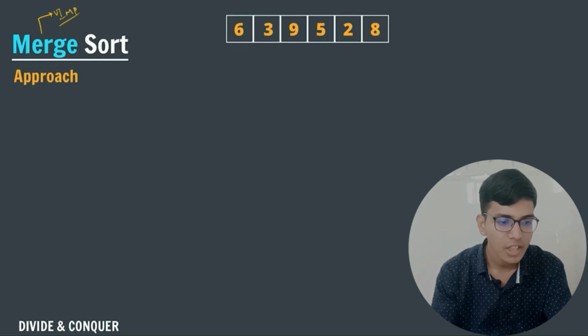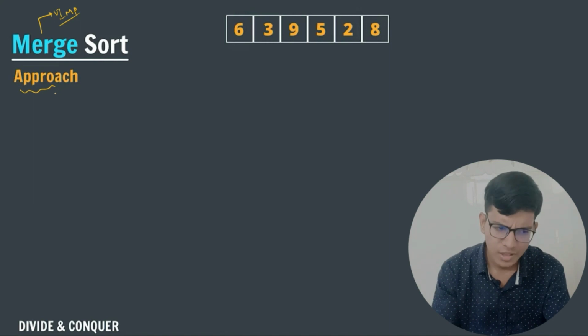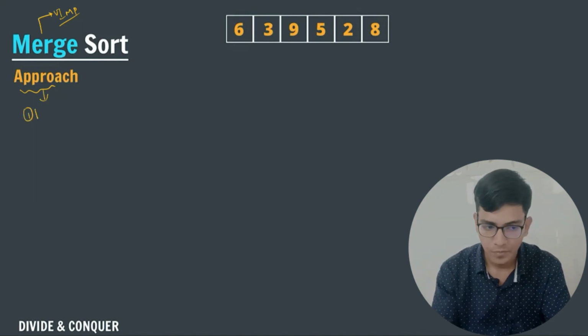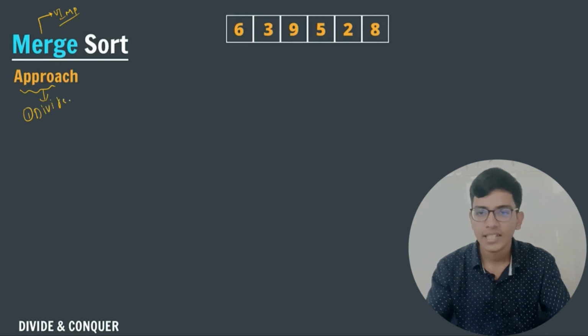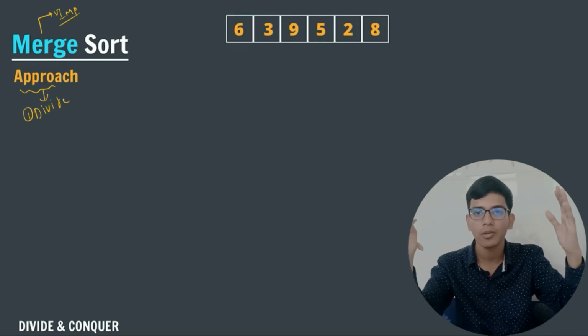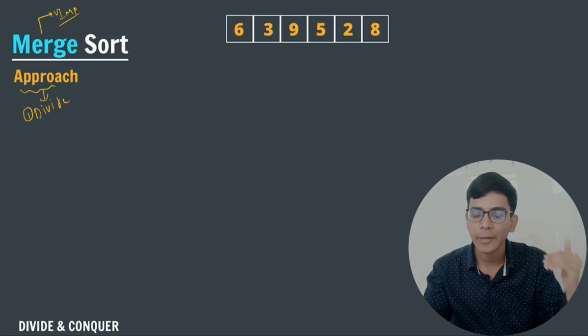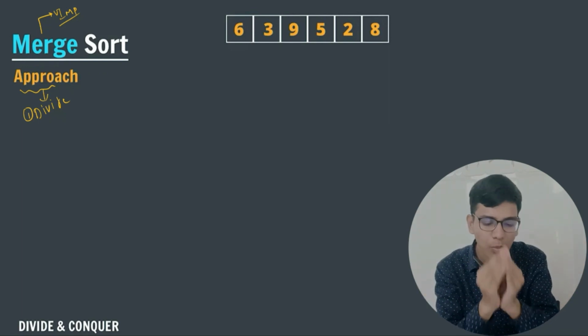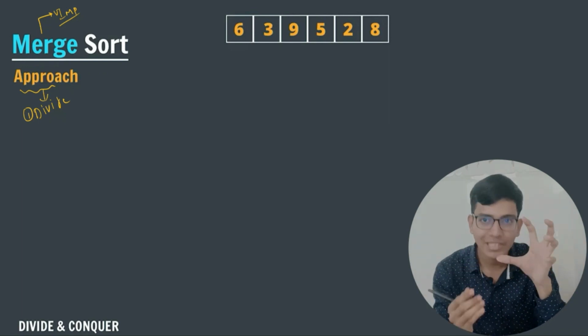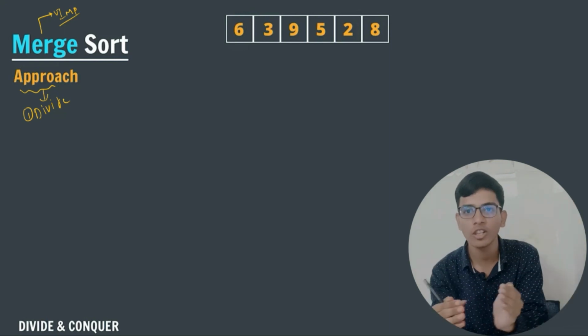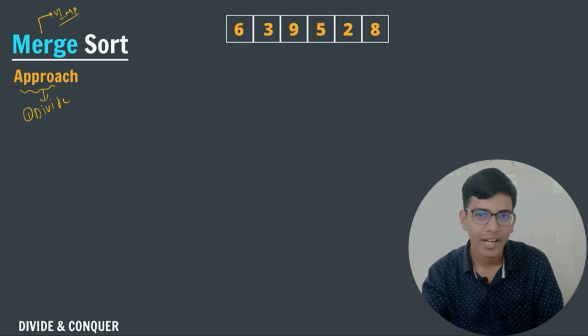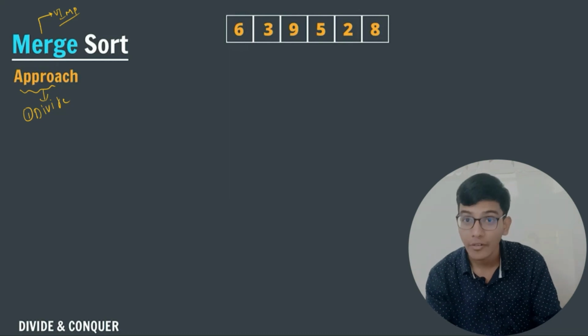Okay, now let us talk about the approach for a merge sort question. The first step is divide, right? I told you that first we take a huge problem and break it into small teeny tiny pieces, and we find the solution of each small piece. After that, by combining all those solutions, we get the desired solution of our huge problem.